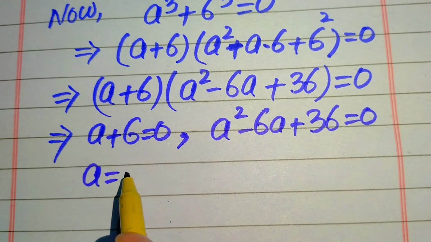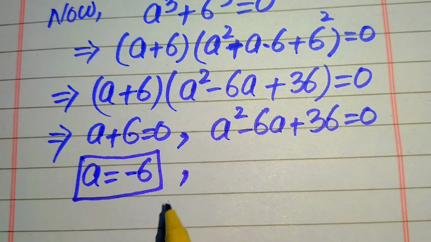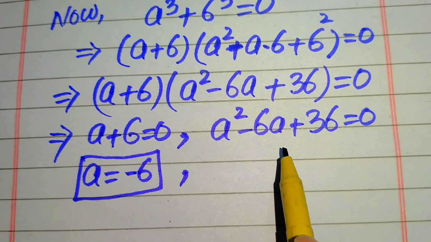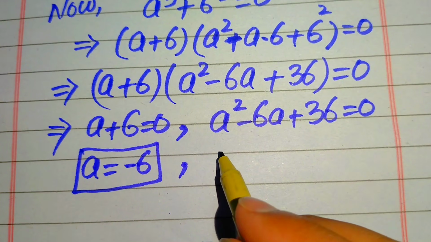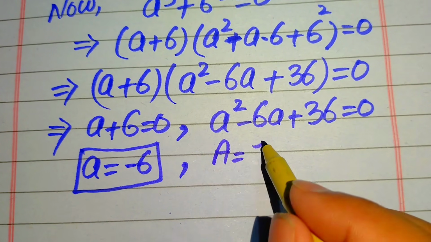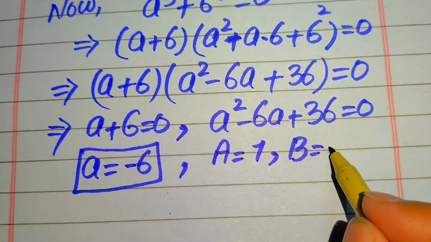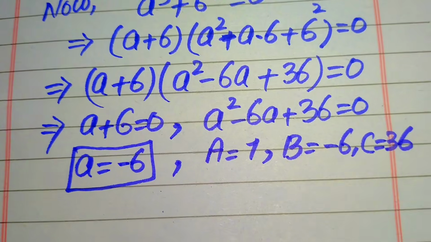So from here we get the value of a equals minus 6, and in order to get the other roots we need to solve this quadratic equation. So here we again use the quadratic formula, and for this we write the coefficients of this equation, and its coefficients are a equals 1, b equals minus 6, and c equals 36.